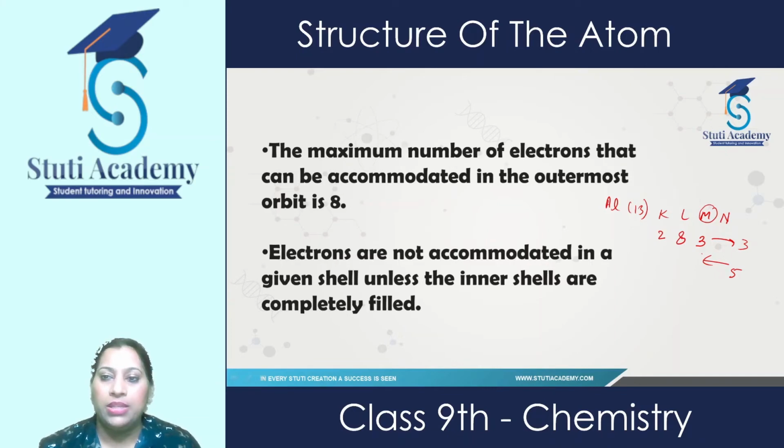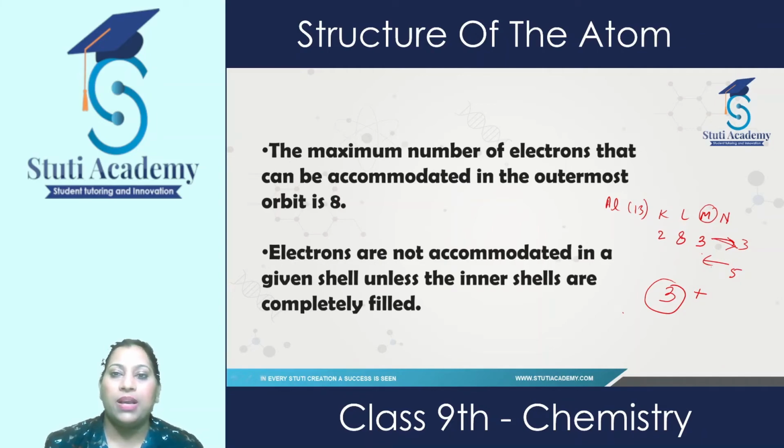So it is easy to lose 3 electrons in place of gaining 5 electrons. So its valency is 3. And if an atom, an element, loses electrons, it becomes positive, and if it gains, it becomes negative.